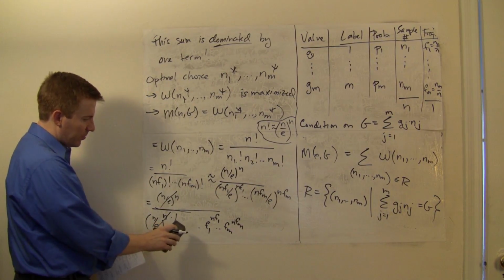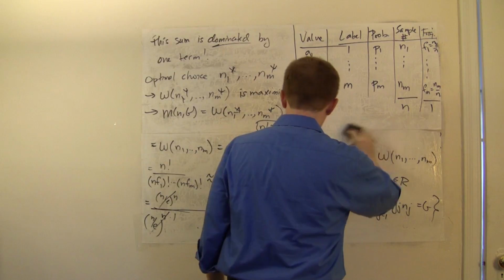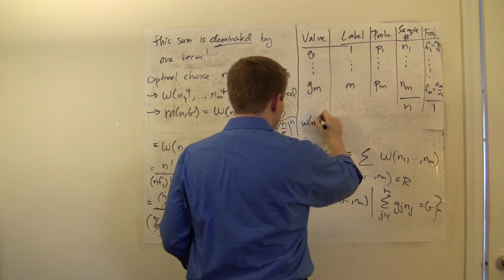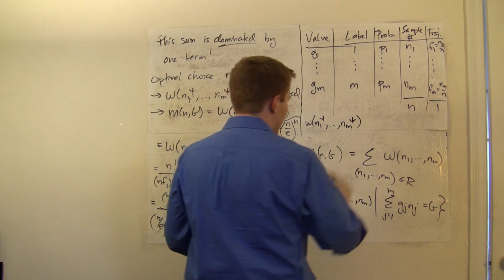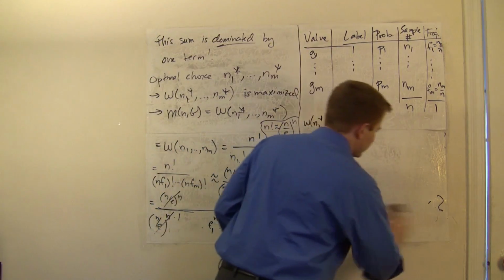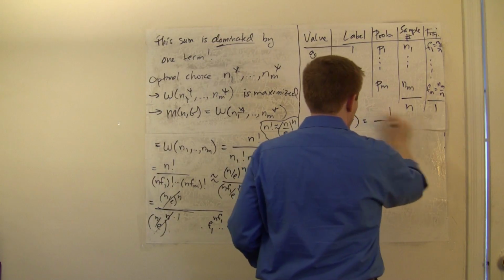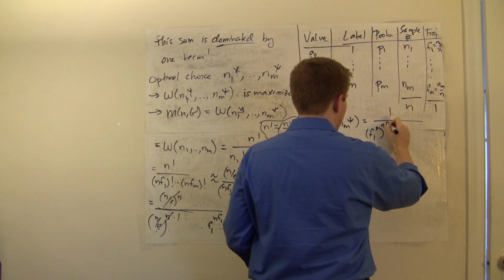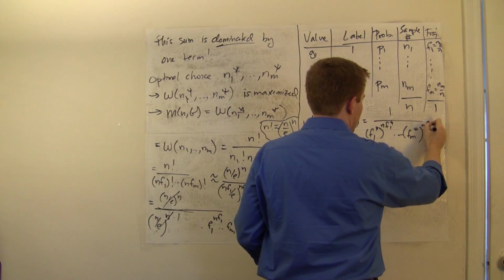Lo and behold, what we are left with in the end is that the multiplicity for this particular maximizing value that we're interested in is just going to be 1 over the frequencies to their n times their powers, like that, n times frequency.